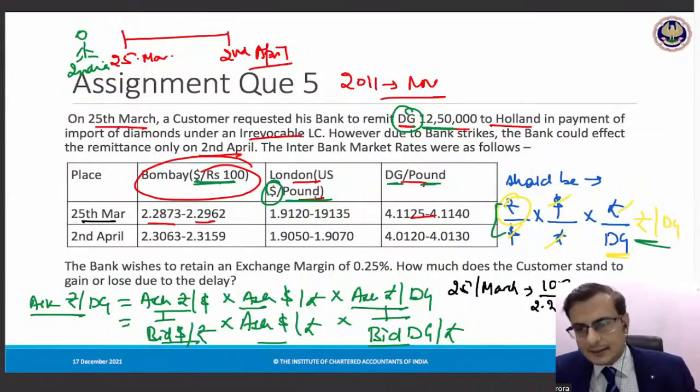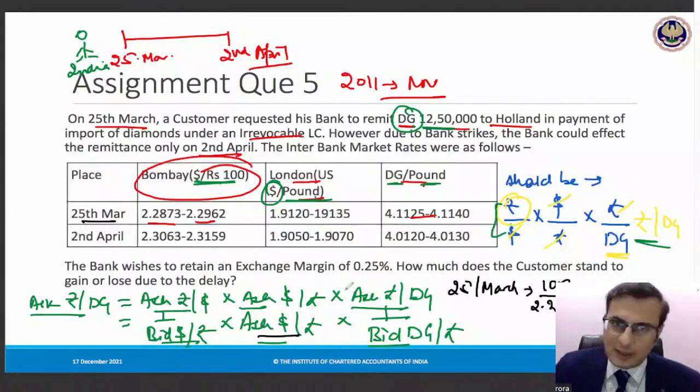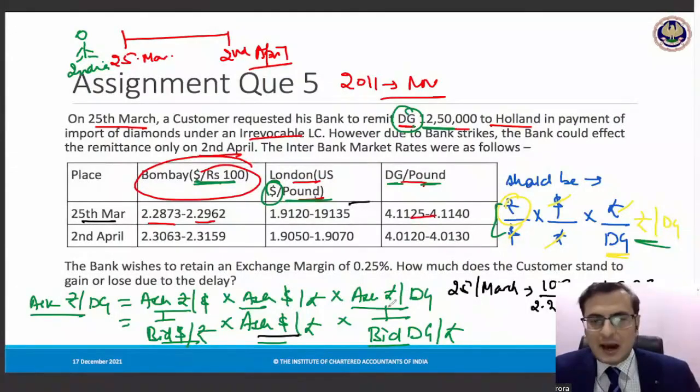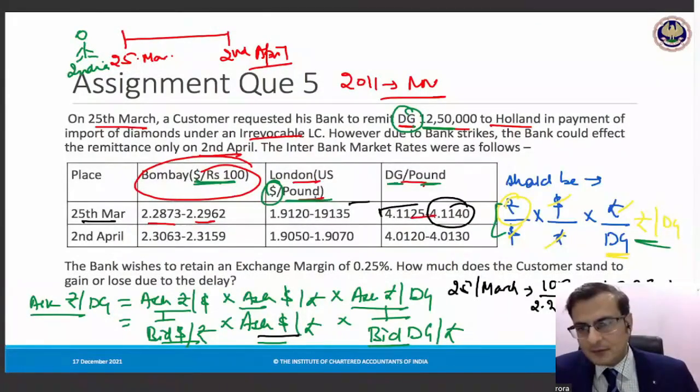Clear? There was no change in this rate. I have to take ask only, and the ask rate is 1.9135, into, now again change from ask to bid, 1 by 4.1125. Clear, beta?